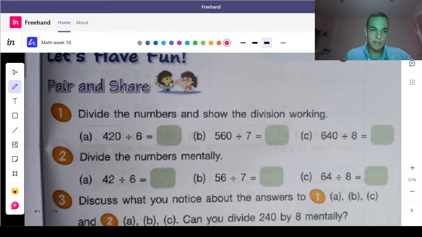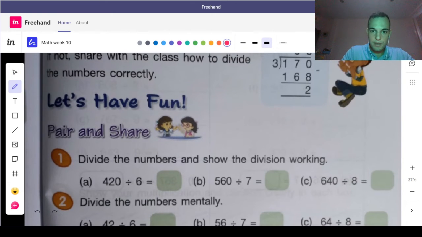420 divided by 6. And it says here, show. If it says show, that means you need to write down the answer and division working. So because this one is easy, we're going to do it short division. 6, because we know 6 goes into 42 evenly.